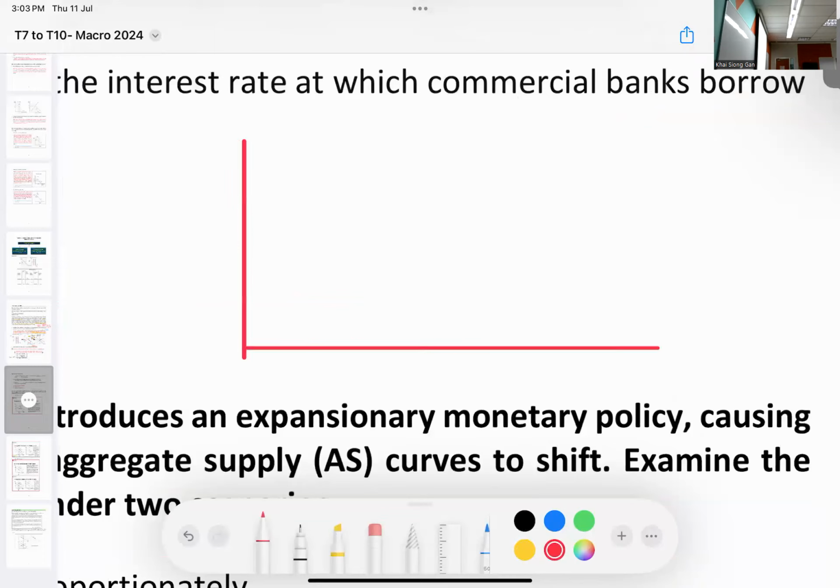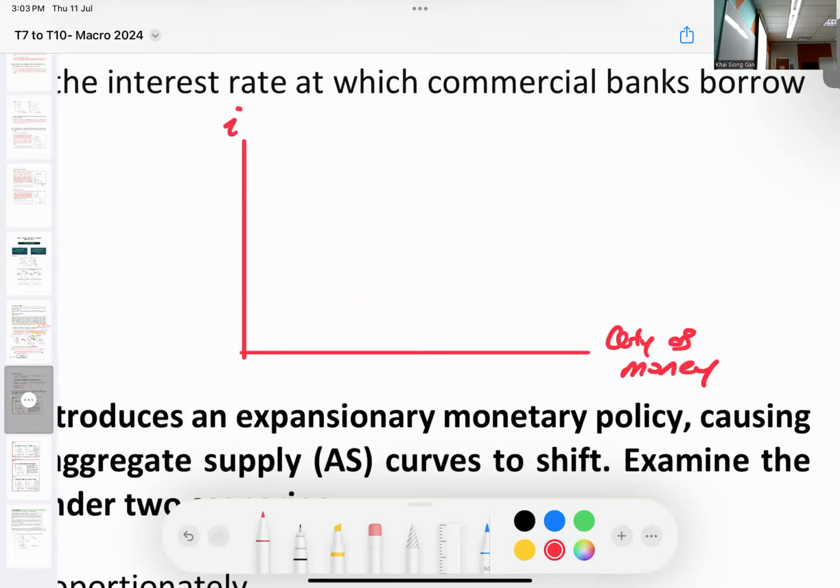Let's say this is the quantity of money, this is the origin, this is the money supply. Let's say the money demand curve is downward sloping, but like this. Let me draw it better.